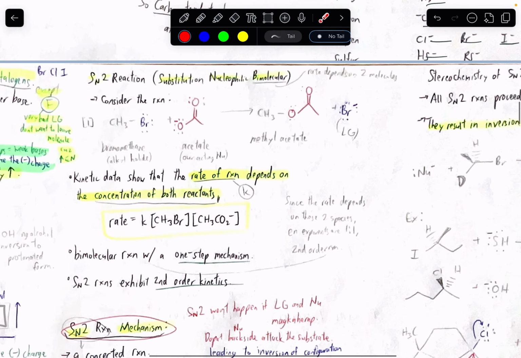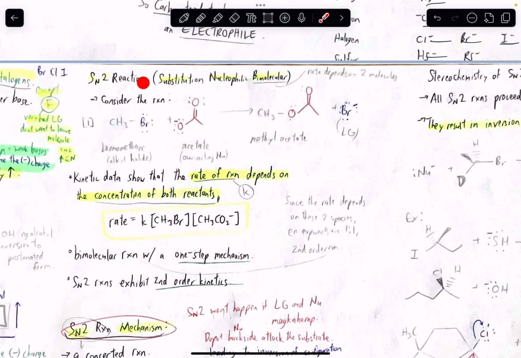How do you define an Sn2 reaction? Kinetic data shows that the rate of reaction depends on the concentration of both reactants, the substrate and your nucleophile.